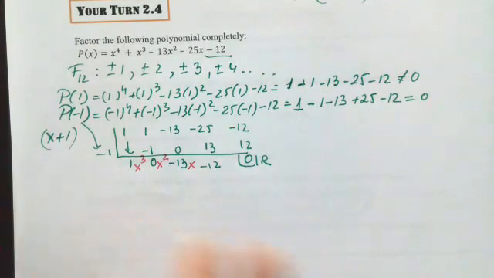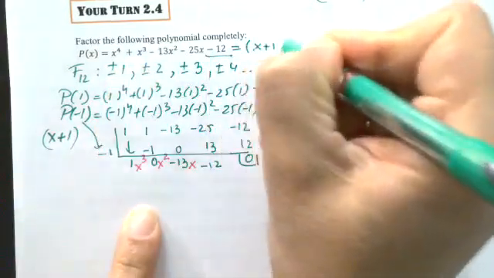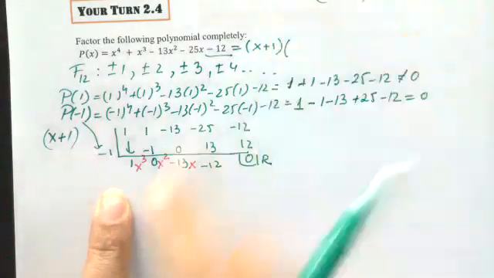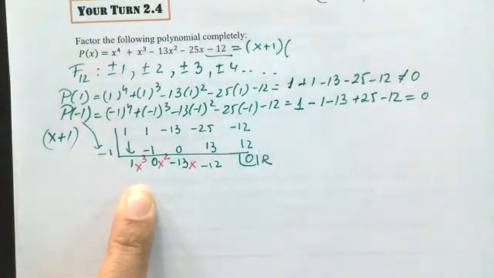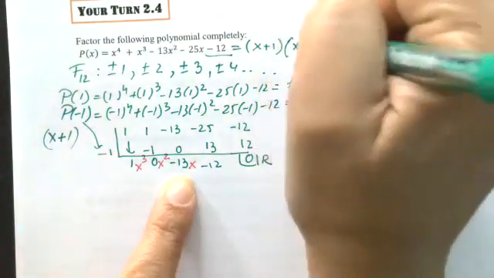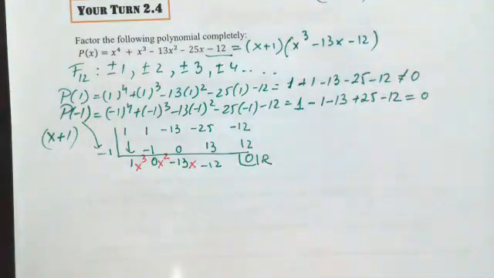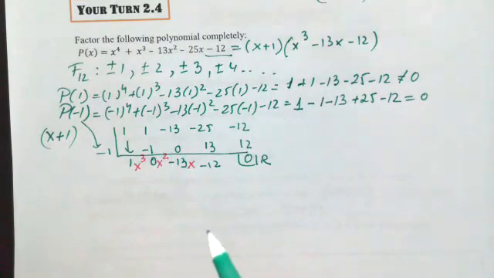I only write so far in the notes so you understand that after each factorization, you will have a multiplication of two polynomials, right? So this P of x so far would look like x plus 1, our factor, times this quotient with no remainder. So basically, we write a statement for our polynomials, one of those statements we have learned. So x cubed minus 13x minus 12 is my quotient. I left out the 0x squared. I only need that 0x squared for a division, the placeholder for the x squared term.